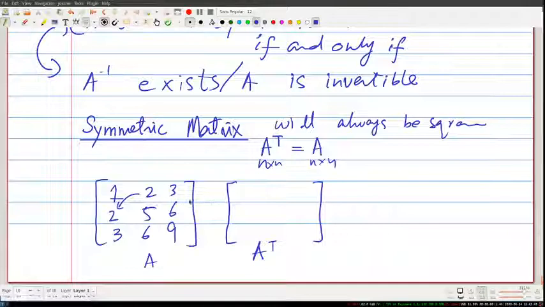The rows and the columns are exactly the same: the first row is the same as the first column, second row the second column, third row the third column. So A transpose is 1, 2, 3, 3, 6, 9. That's a symmetric matrix. Okay, that's the first thing.